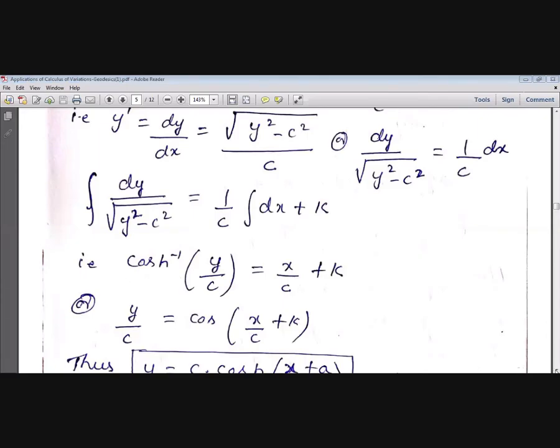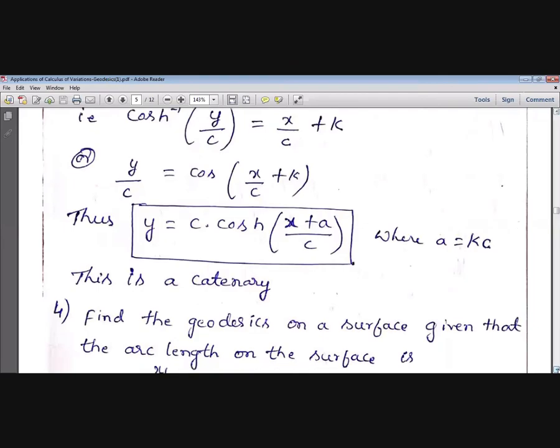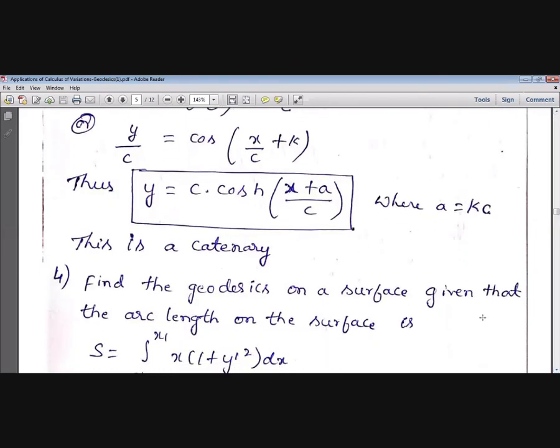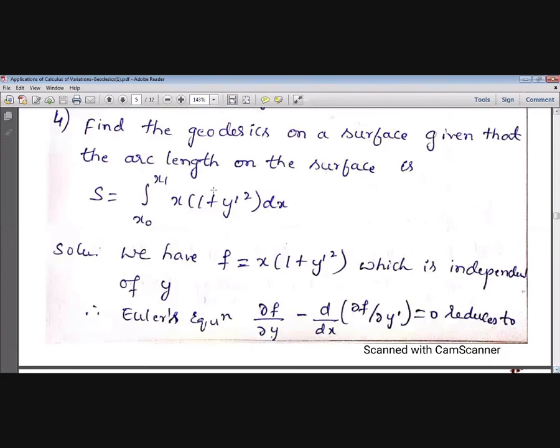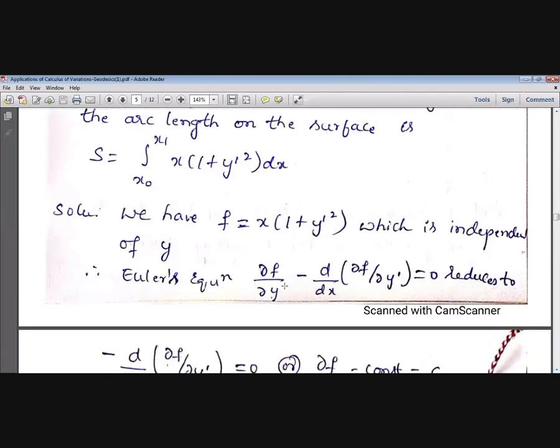Next problem. Find the geodesic on a surface given that the arc length on the surface is s equal to integral from x naught to x1 of x into square root of 1 plus y dash square. This is very similar to the first two problems. There we had a square root, here we don't have a square root also. Take this as f, then this is Euler's equation.